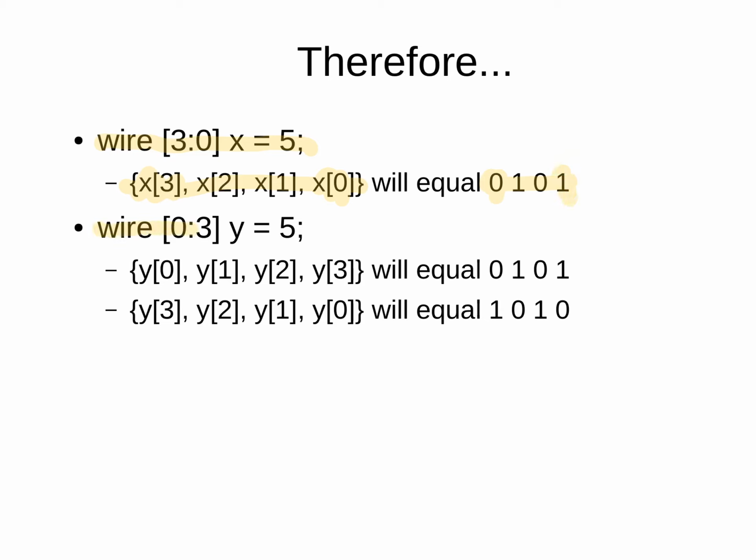But if we write y[0:3], y equals 5, that means that y of 0 is the most significant bit, so it's going to be equal to 0, and y of 3 is the least significant bit, so it's going to equal 1. And if I reverse the order, then of course I get that y3 down to y0 is equal to 1010, which is different from this one here. So there is a fundamental difference in how these numbers are being represented.